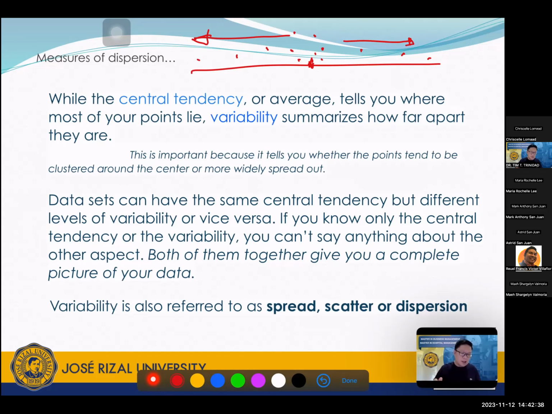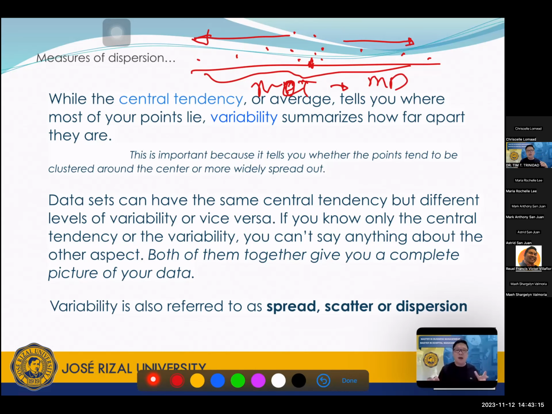Data sets can have the same central tendencies but different levels of variability, or vice versa. If you know only the central tendency, you cannot say anything about other aspects. So when you describe your data, you do not only report the measures of central tendency, but you also mention the measures of dispersion, so that you see your data in more dimensions, rather than a single dimension where you only see the front.